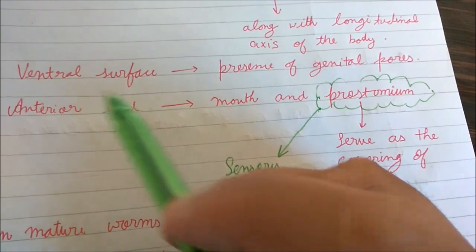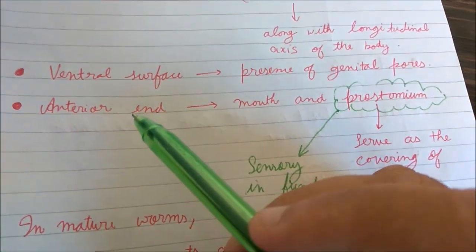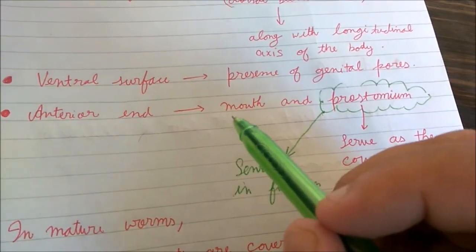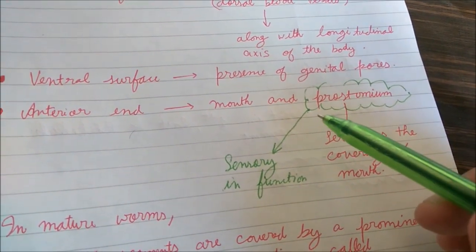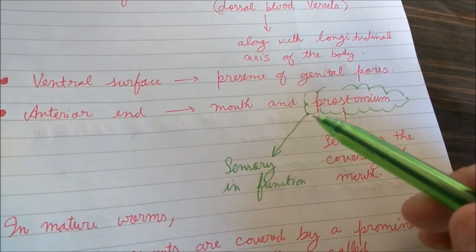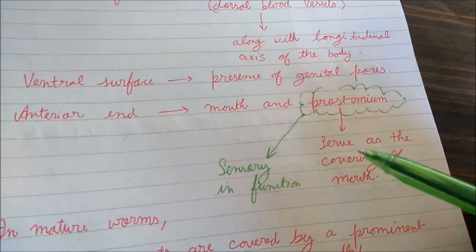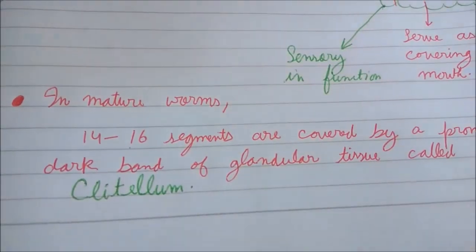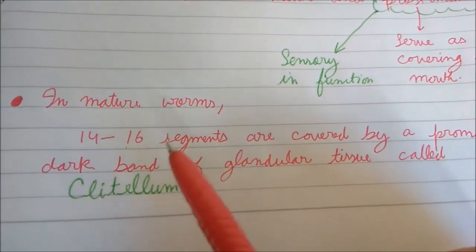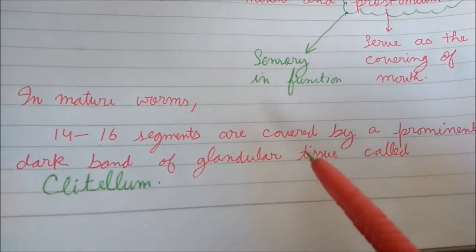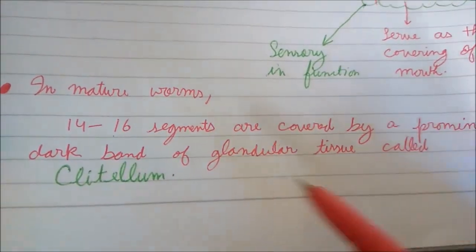On the ventral surface there are genital pores in the anterior region, and it terminates at the mouth and prostomium. You have already studied that prostomium is a sensory structure and serves as a covering of the mouth. In a mature earthworm, the 14th to 16th segments are covered by a prominent dark band of glandular tissue called clitellum.